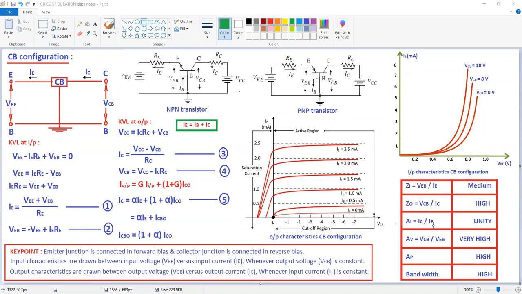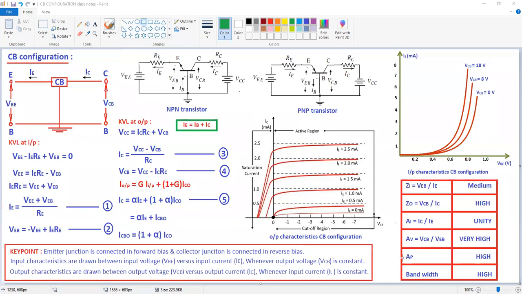In the case of the common base configuration, IE is approximately equal to IC, so IC by IE will become nearly unity. And voltage gain is defined as output voltage to input voltage, VCB by VEB. Since VCB is very, very high, it is a very high voltage gain.